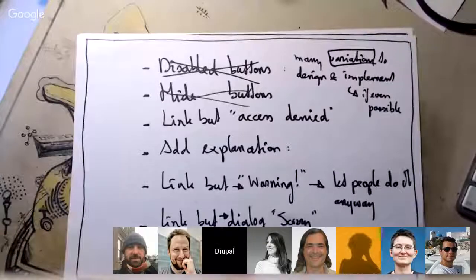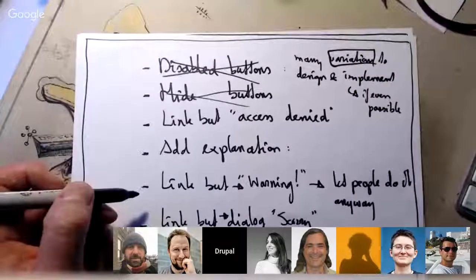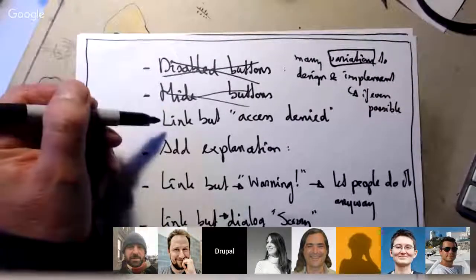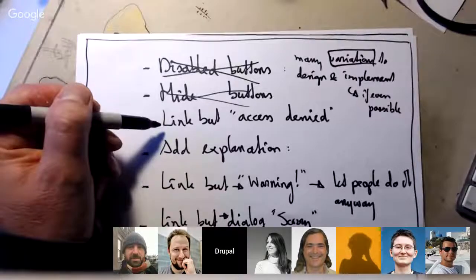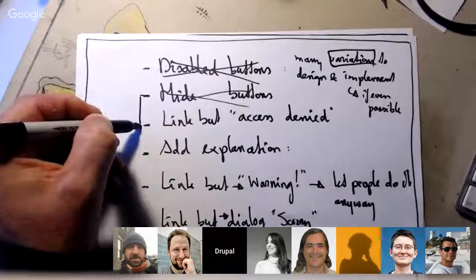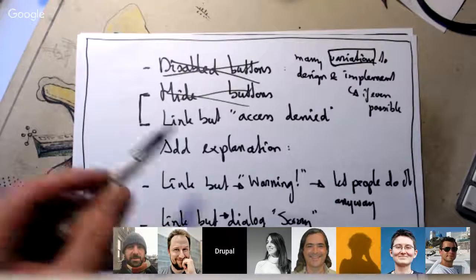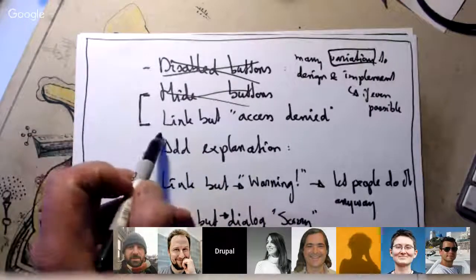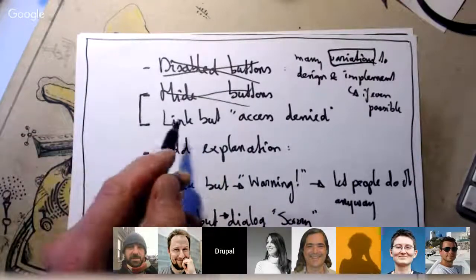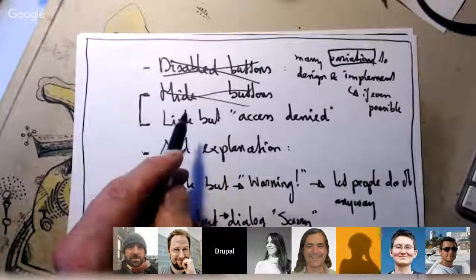And also, hiding buttons is the same option as link but access denied, because links that point to an access denied are hidden. No, but an access denied is something that you only get after you have already clicked on the button. So the user experience of that is slightly different. You're trying to do something and you're getting told again that you can't do this and you can't do that.